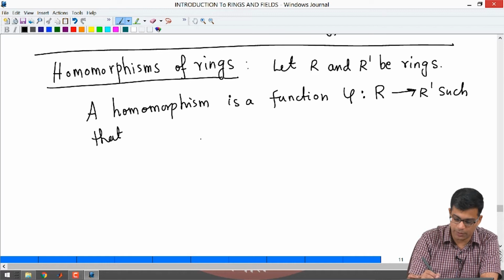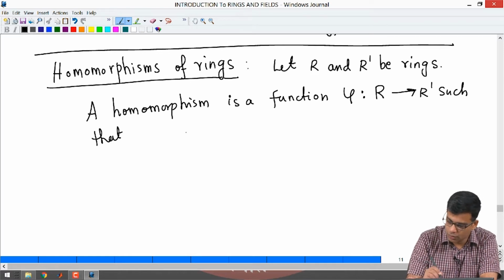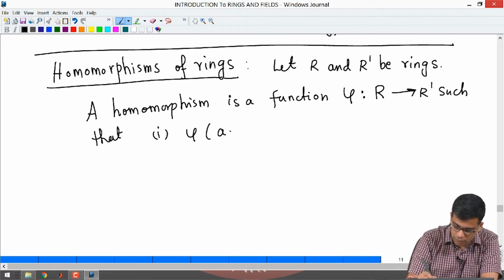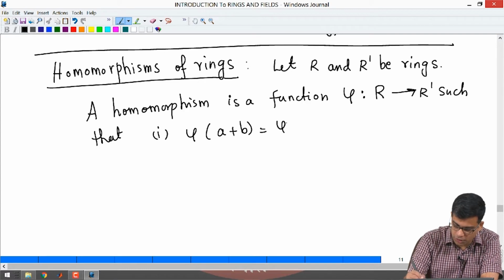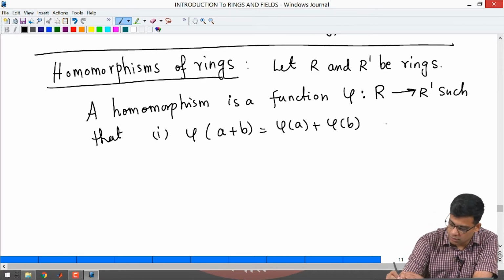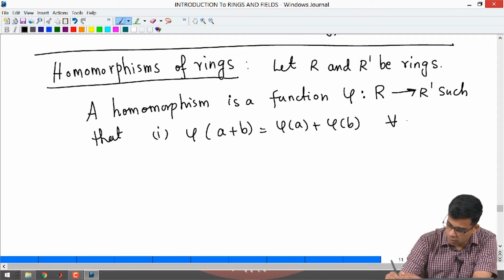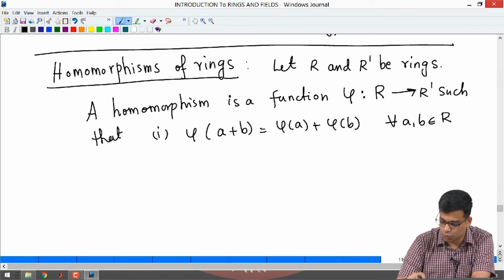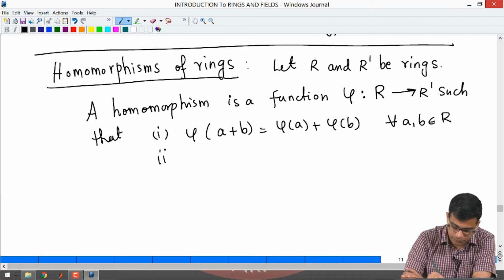That can be captured by saying phi of A plus B should be equal to phi of A plus phi of B, for all A, B in R.